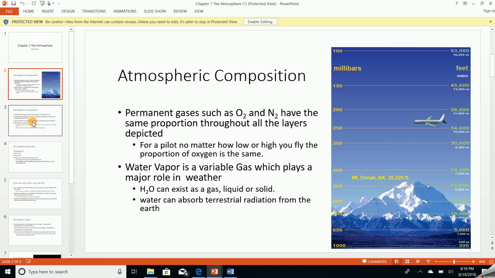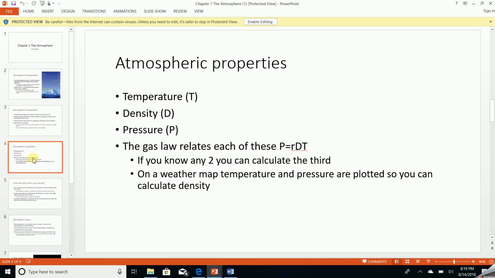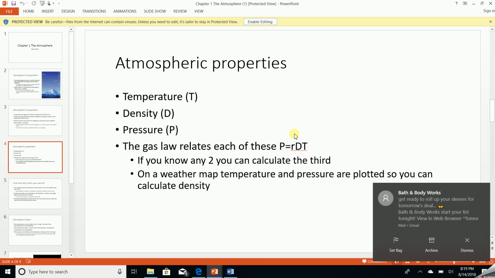Some of the other things with atmospheric composition here, some of the properties, you're going to talk about the gas law. Well, the gas law relates temperature, density of the air, and pressure. So if you know 2, you always know the third.